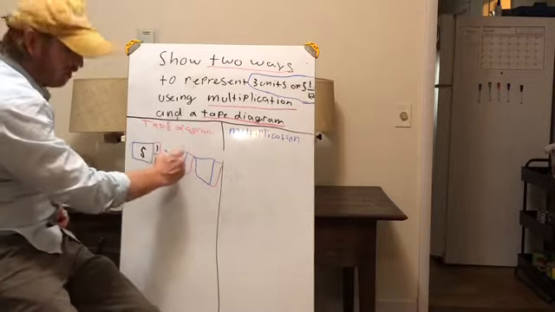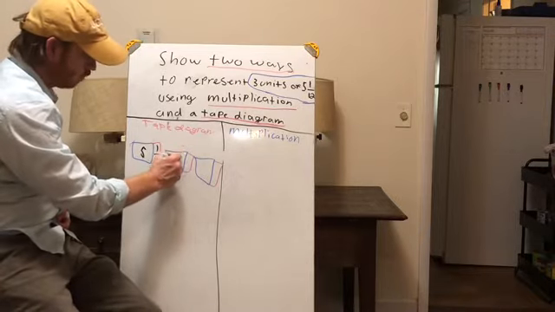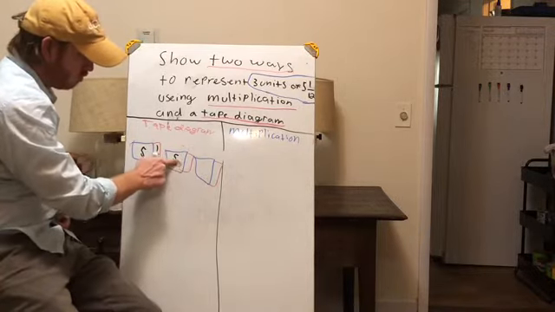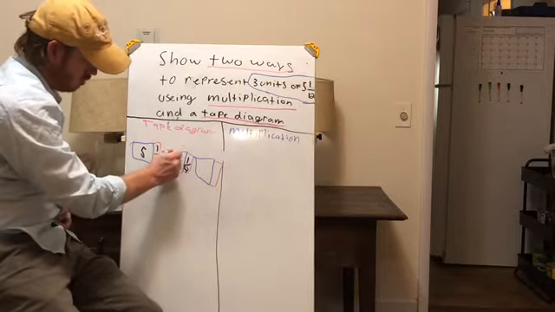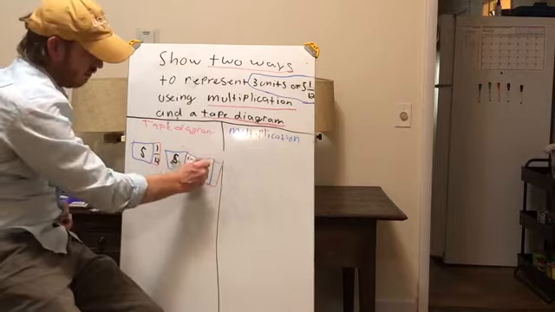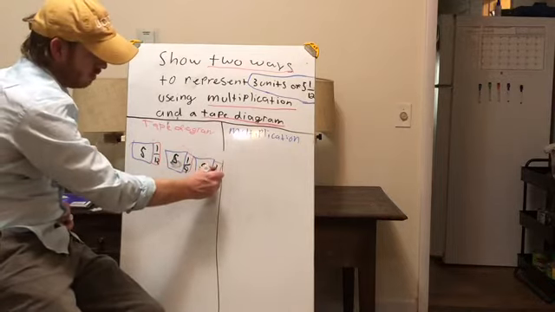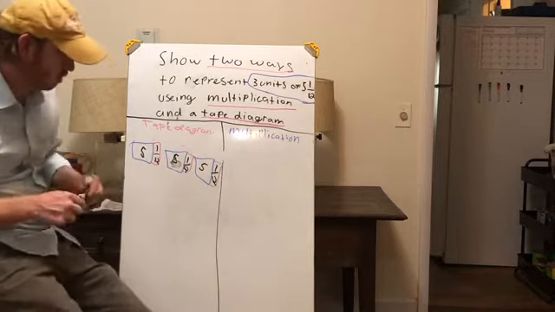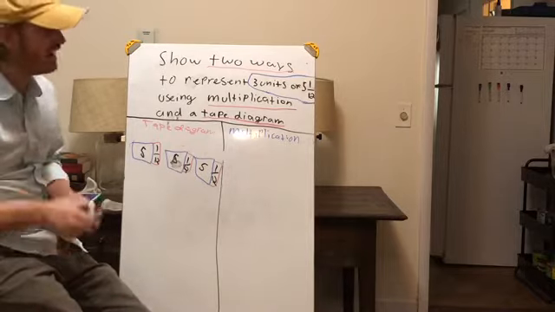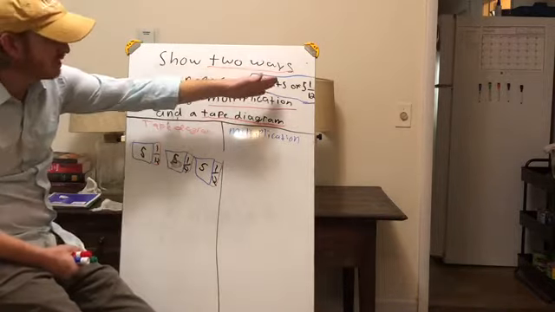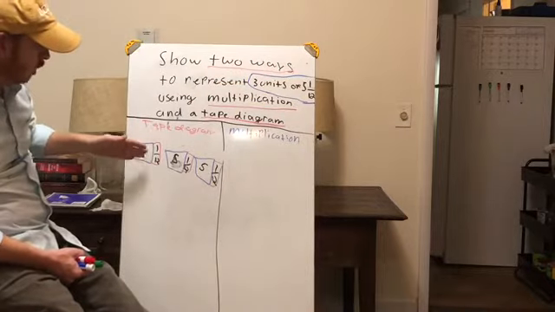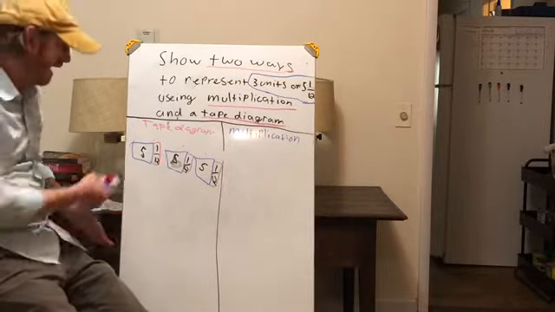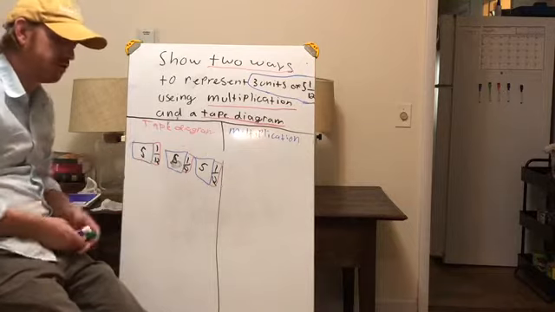Here's another of 5 1/12. And here another of 5 1/12. So that would be one way of representing 3 units of 5 1/12. 3 units, 1, 2, 3, and each one has 5 1/12.